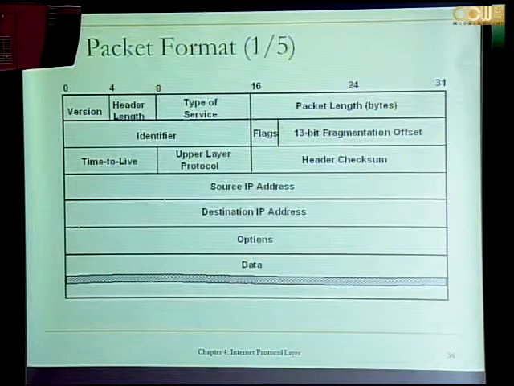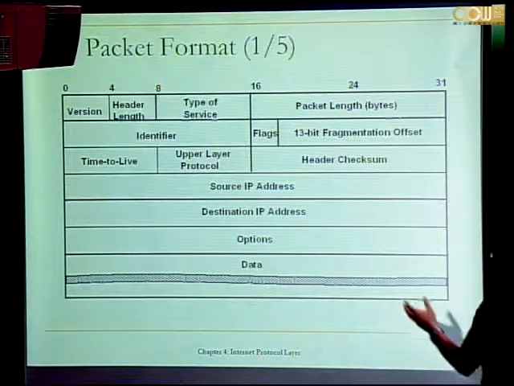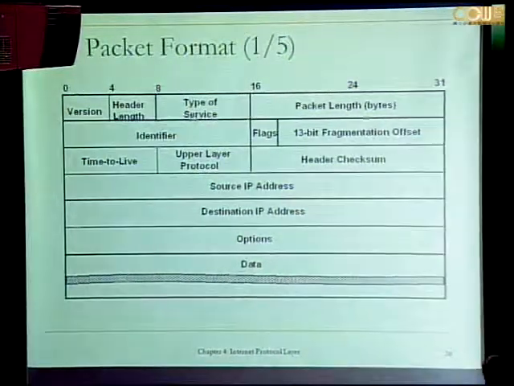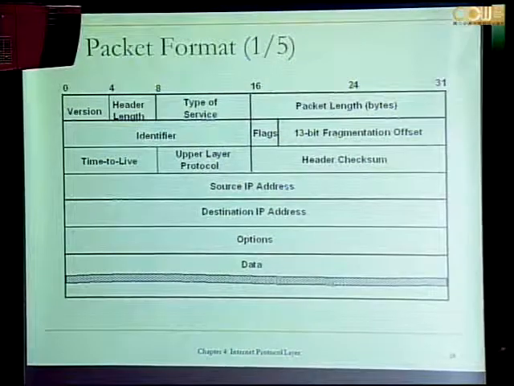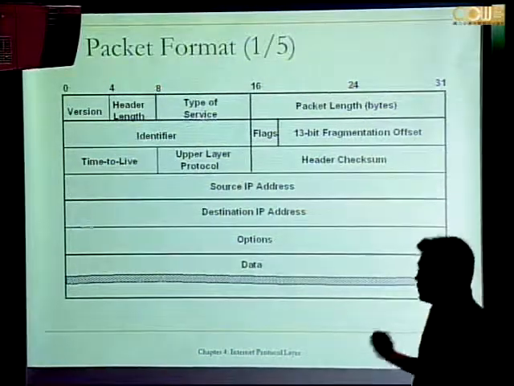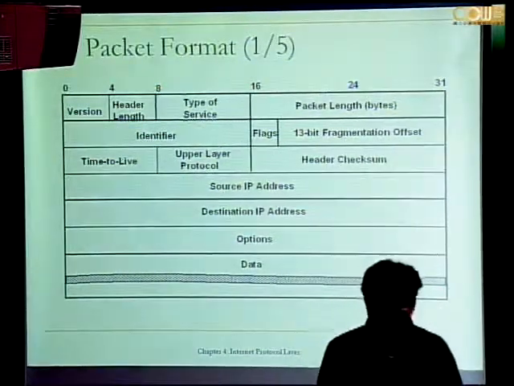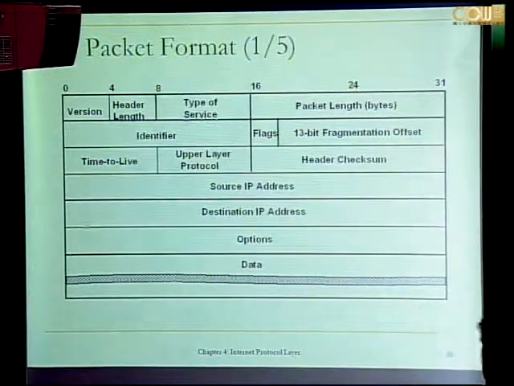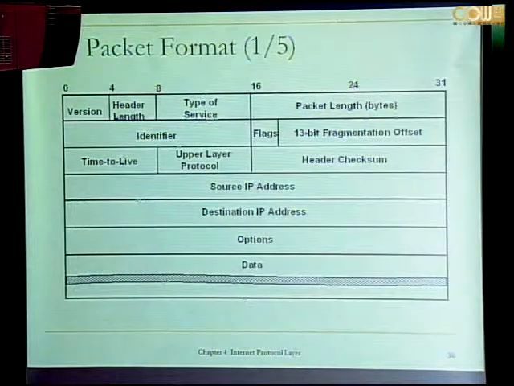The header length is only about the header, because the header is not fixed because of the options. And then the identifier, which uniquely identifies the packet, is used to detect duplicate packets.